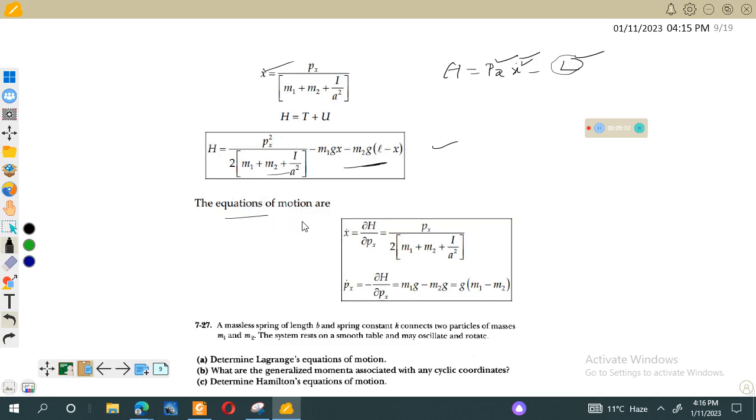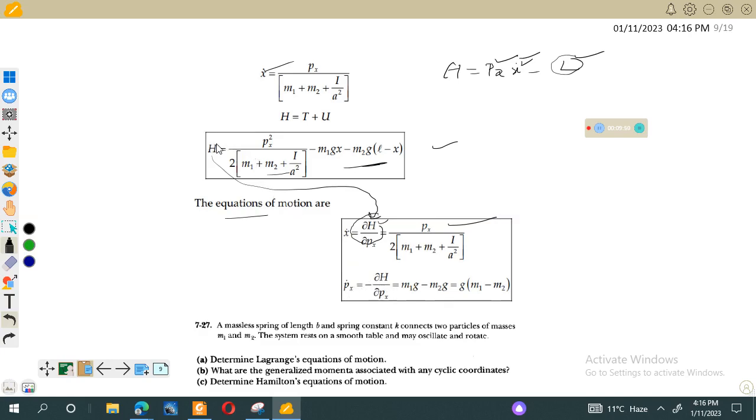Then equation of motion, you know that x dot is equal to partial h over partial px. We have h, just plug it in at this point and differentiate with respect to px. This will give us this, and similarly px dot is equal to minus partial h over partial x.